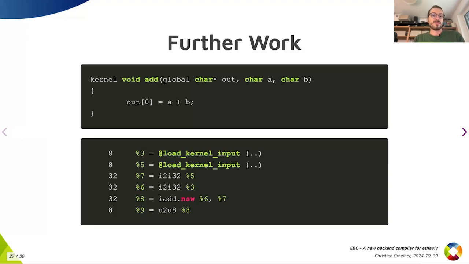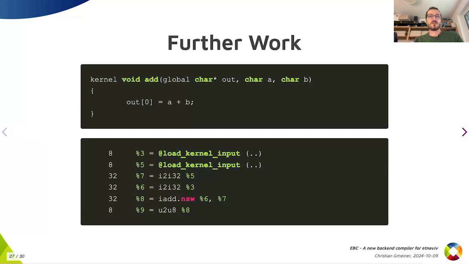Here we can see a simple kernel that adds two char values. On the bottom we see the NIR representation, or a part of the representation of the shader. And we can also see that we are doing 3 conversions. 2 are going from 8-bit to 32-bit, and 1 is going from 32-bit to 8-bit.